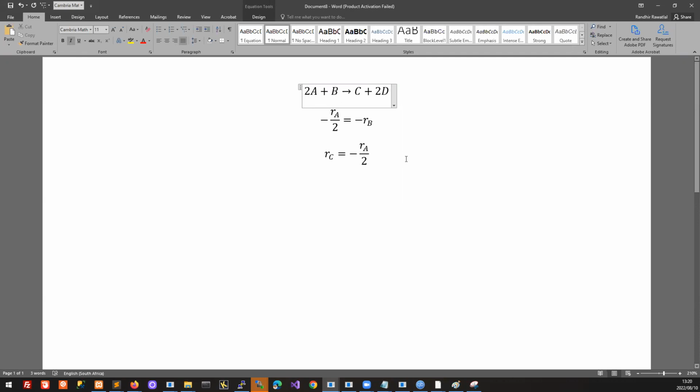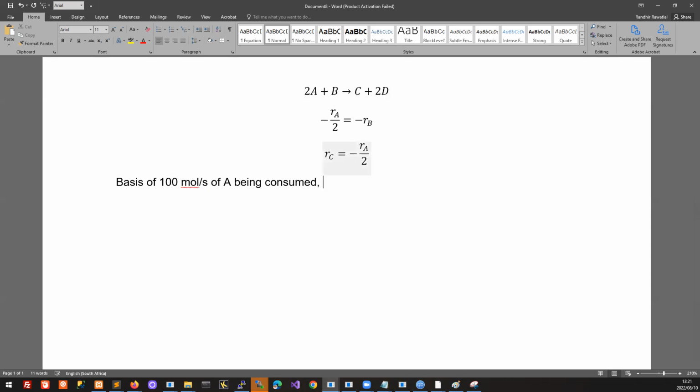And then if we think about the example, if we think about the numbers here, if we say, let's take a basis of 100 moles per second of A being consumed, then we can say that for every 100 moles per second of A being consumed, let's talk about D now.